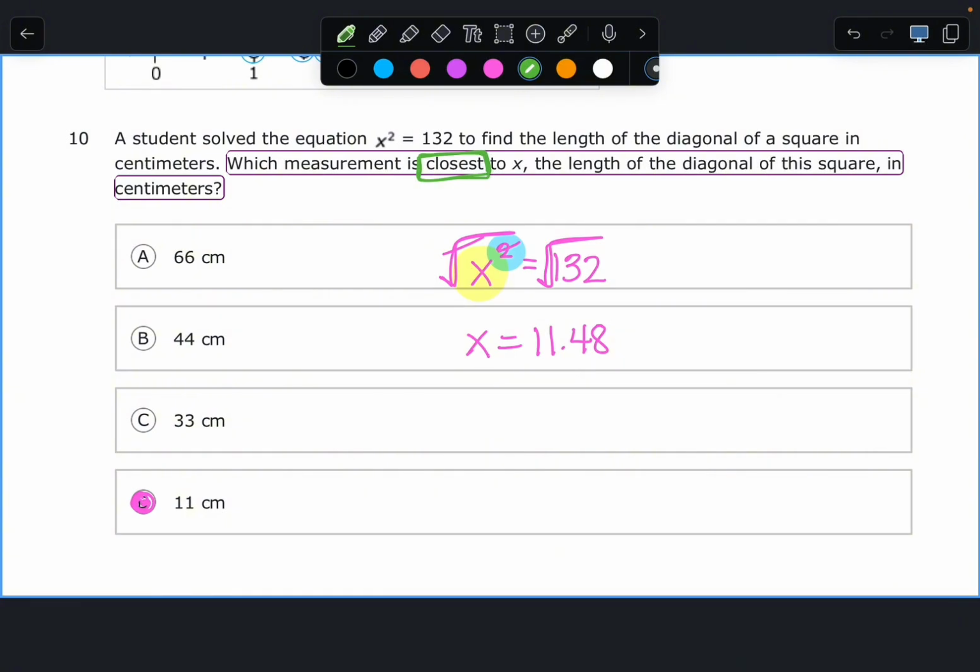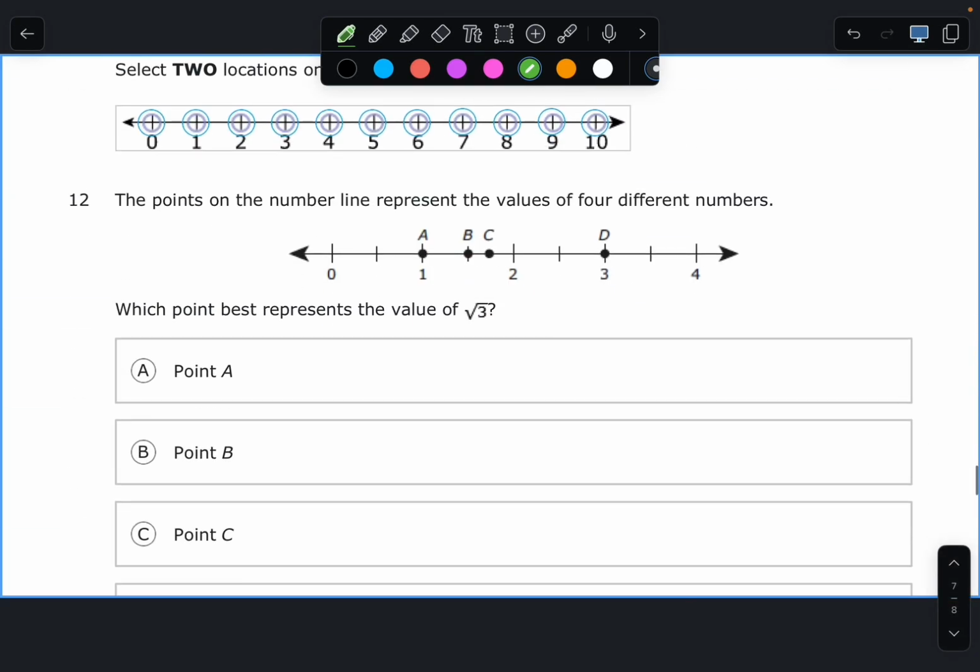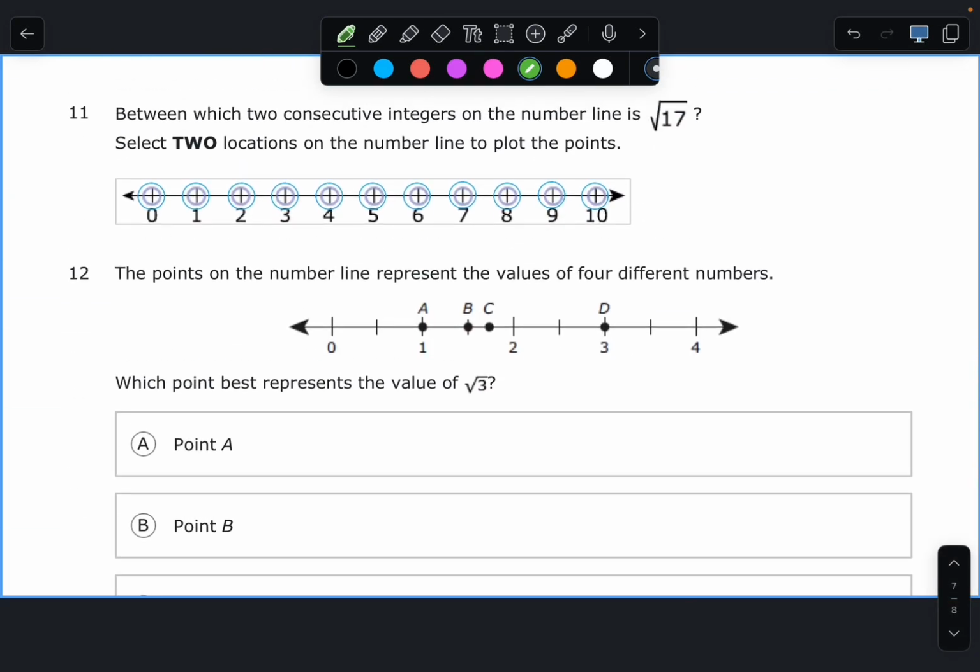We'll do 11 together. All right. 11. It says between which two consecutive integers? Integers meaning which two whole numbers. Okay. What's the square root of 17? All right.